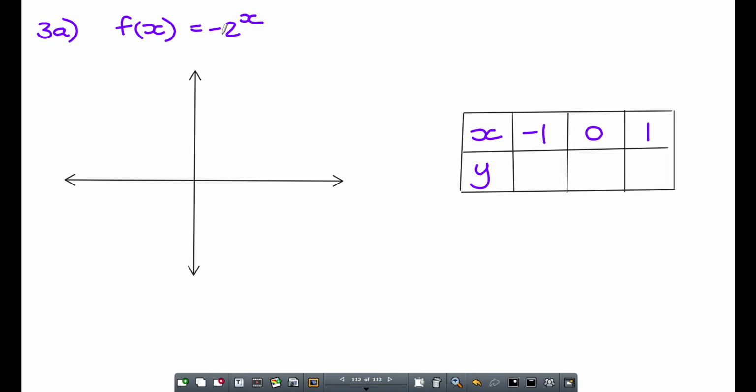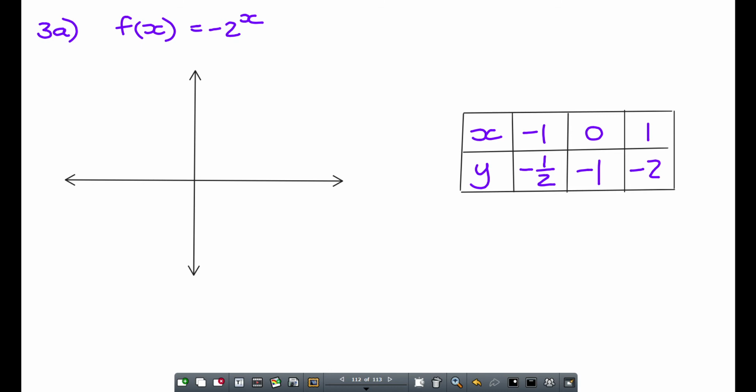If x is 0, it would be, what is 2 to the power of 0? 1, right? So dan het ek minus 1. En as x 1 is, wat is 2 tot die mag 1? Is 2, so my antwoord gaan wees minus 2.